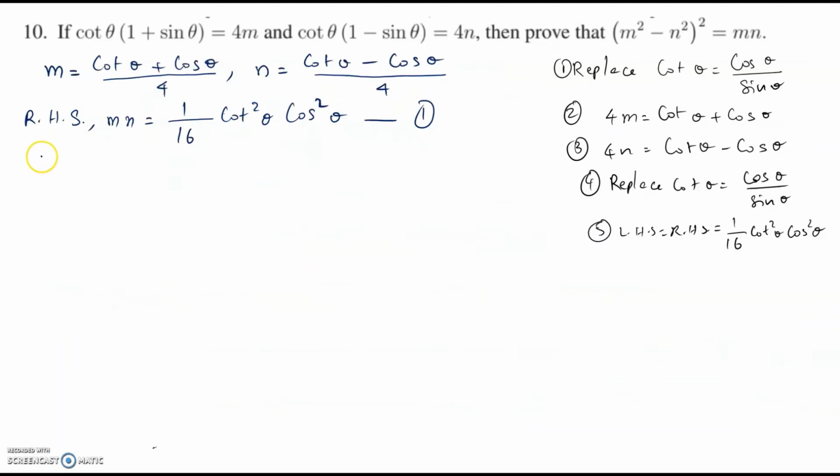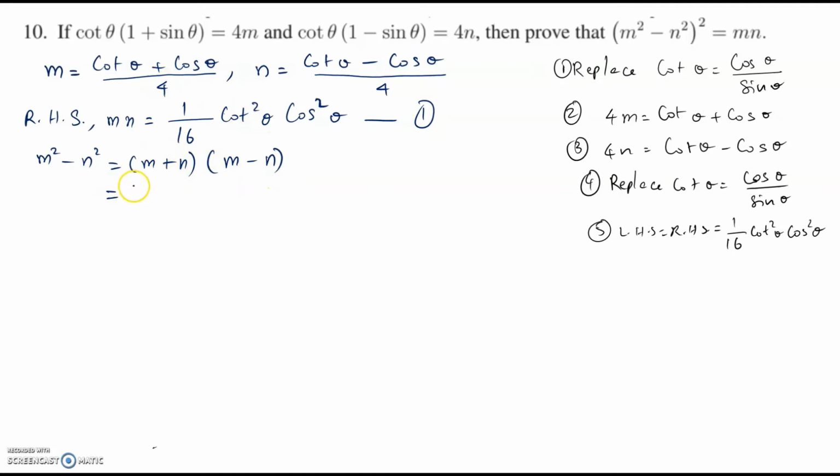Now, let's go to the left hand side. Before we go into the left hand side, let's first take m squared minus n squared. m squared minus n squared can be written as m plus n into m minus n. a squared minus b squared is equal to a plus b into a minus b. Now let us substitute the values of m and n.